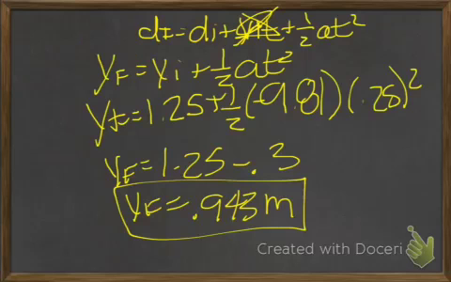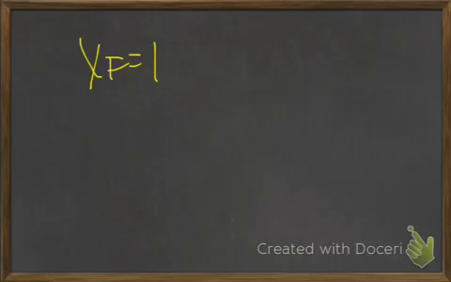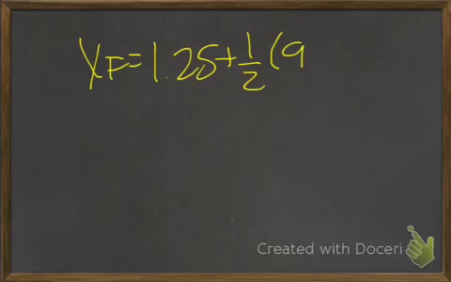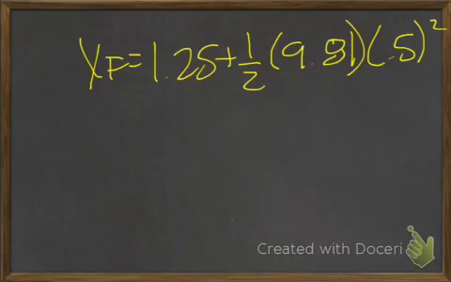If we do this with the other one, you're going to have, again, y of f equals 1.25 plus 1/2 of negative 9.81 times 0.5 squared. So 0.5 squared times 9.81 divided by 2.